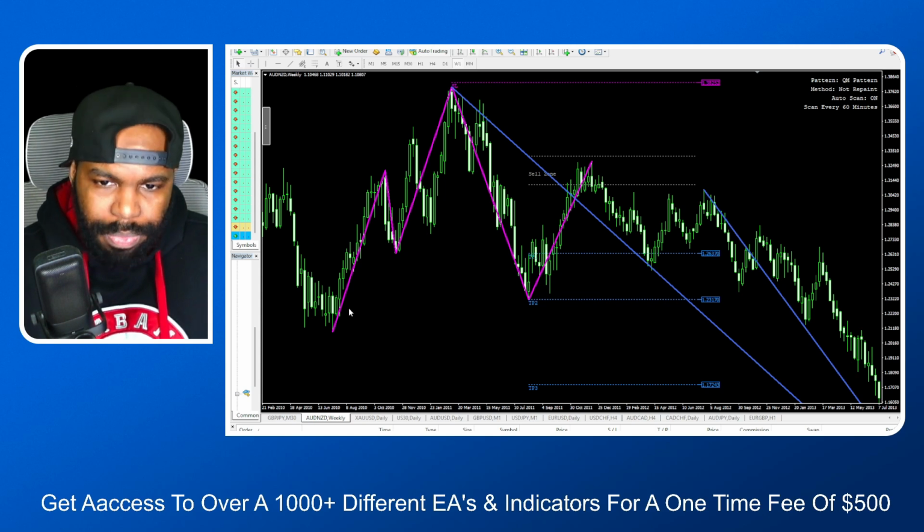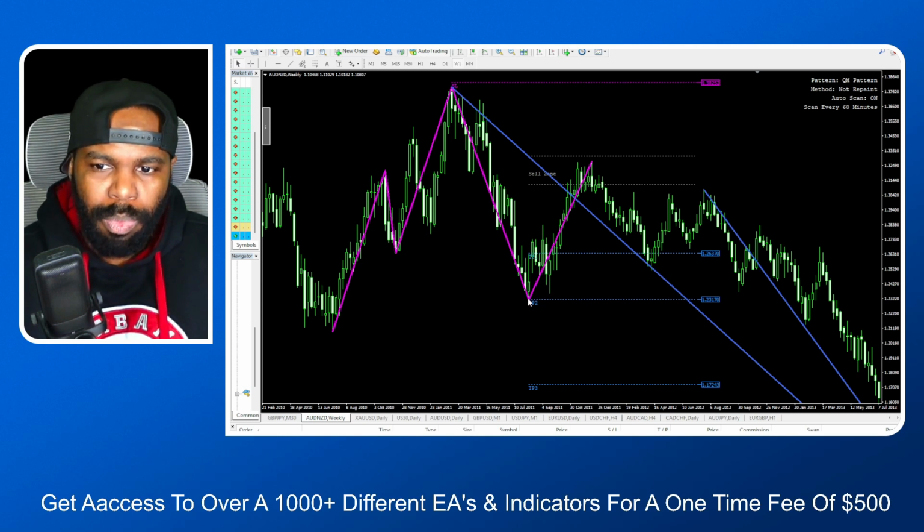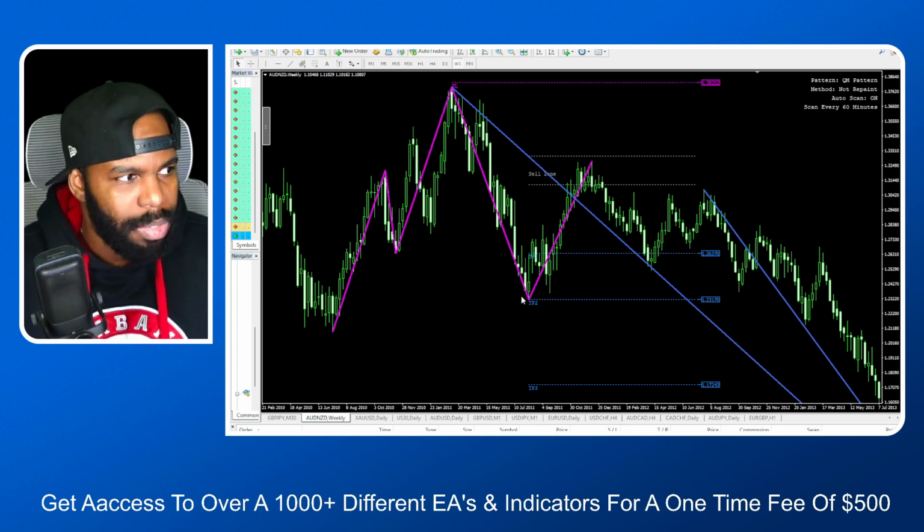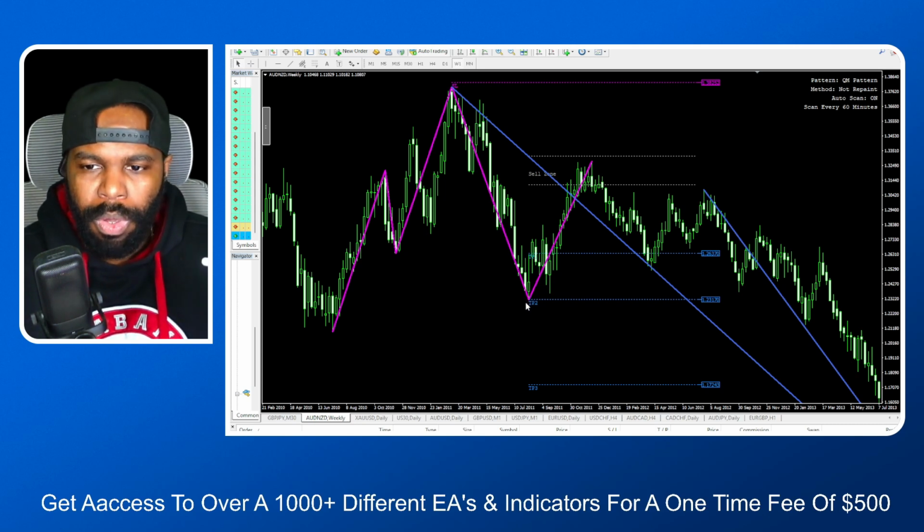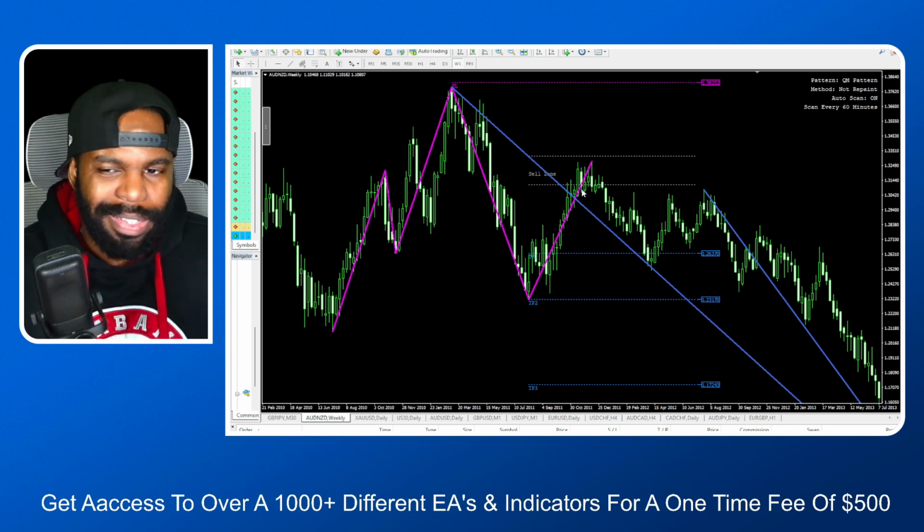Okay, so here's point A, right? Point B, point C, and then this right here is point D. All right, this is point D. Now, once we get that point D, we want to see price pull back into the sell zone. Once price pulls back into the sell zone, we want to break this down to the lower time frames to look for certain supply and demand zones.